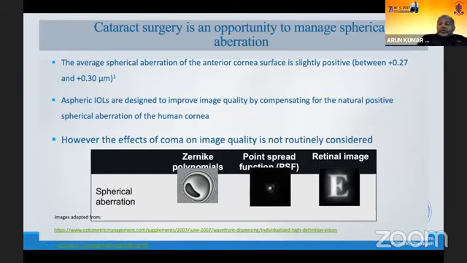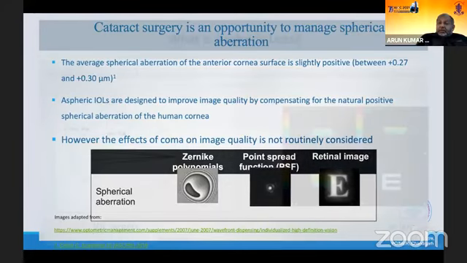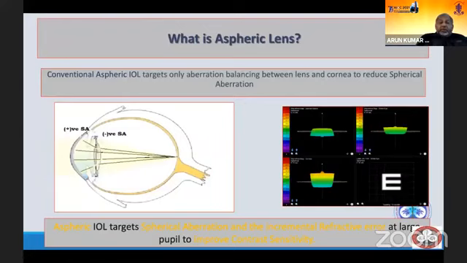But the effect of coma on image quality is not routinely considered while doing an IOL or phaco surgery. As we can see in this cartoon, the conventional aspheric IOL targets only aberration balancing between lens and cornea to reduce the spherical aberration, so as to improve the quality of vision as well as the contrast sensitivity.